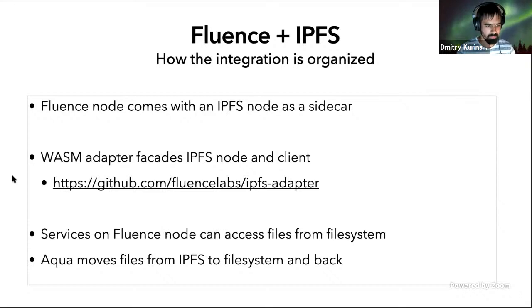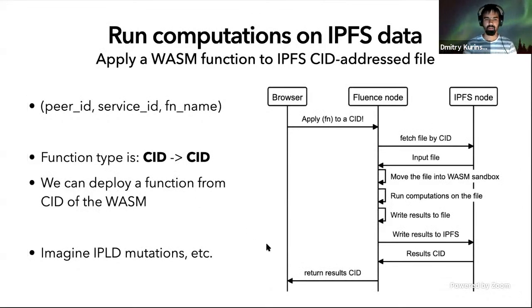So that's the next demo. I want to show how you can run computations on the data which is stored on IPFS. It means that I want to apply a function coded in WebAssembly to the file which is addressed by an IPFS CID. The flow is the following. I want to ask the Fluence node to apply a function to a CID.